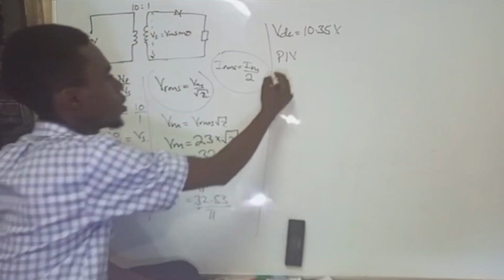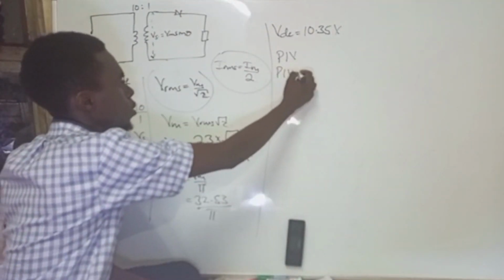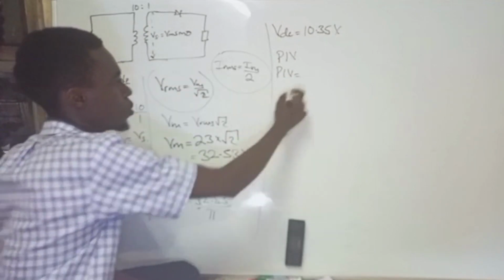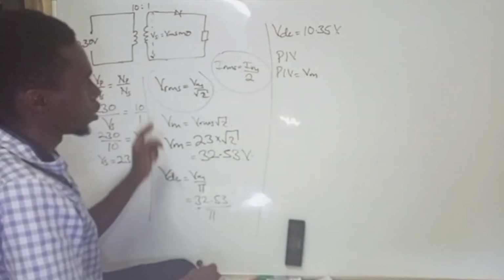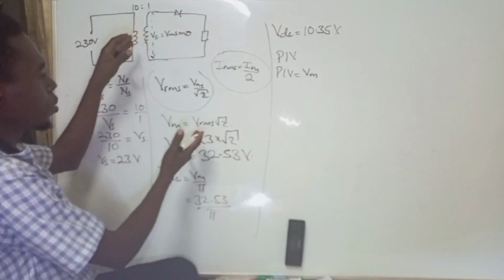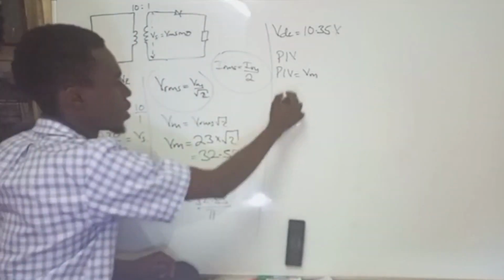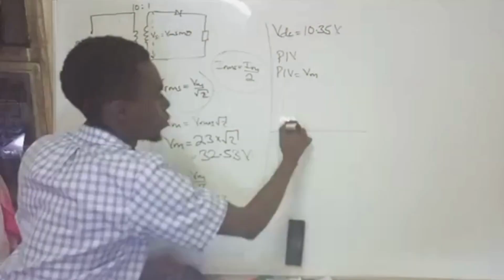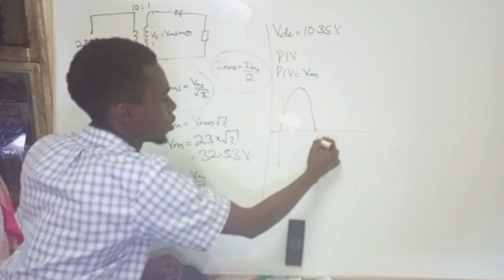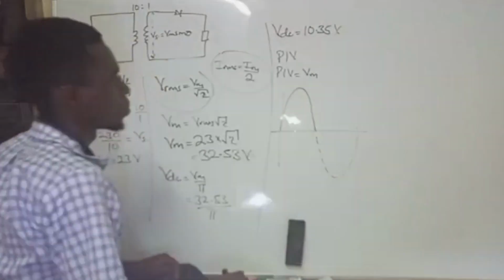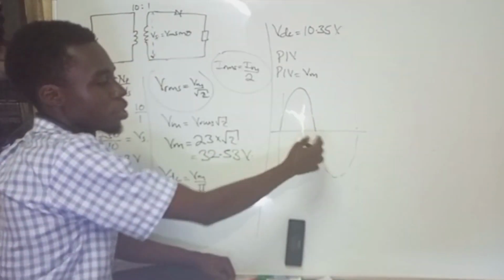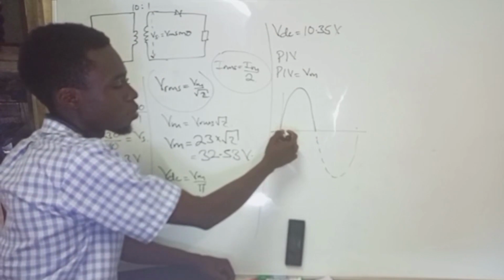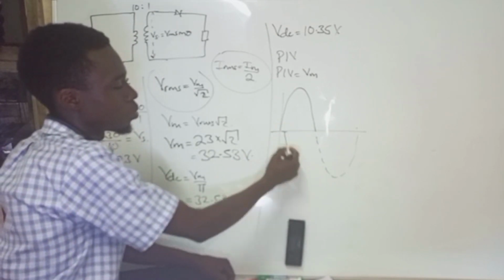This peak inverse voltage is always going to be equal to the Vmax of the secondary, because in our cycle we have an input cycle, the output cycle, and the other cycle which is not being output. So the peak inverse voltage always occurs between these two sections.